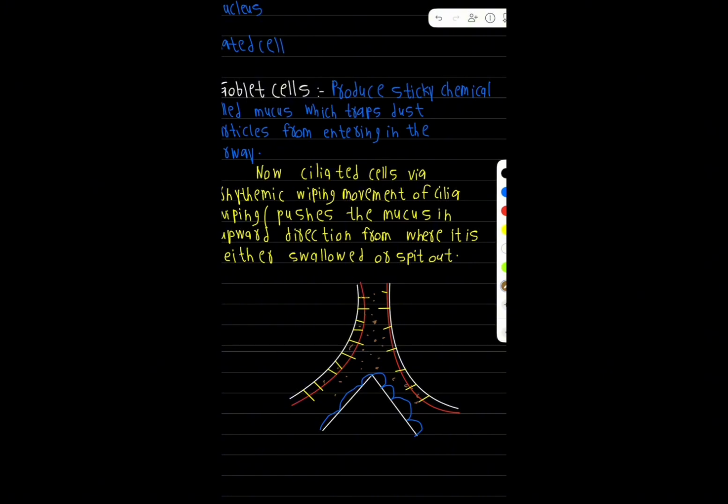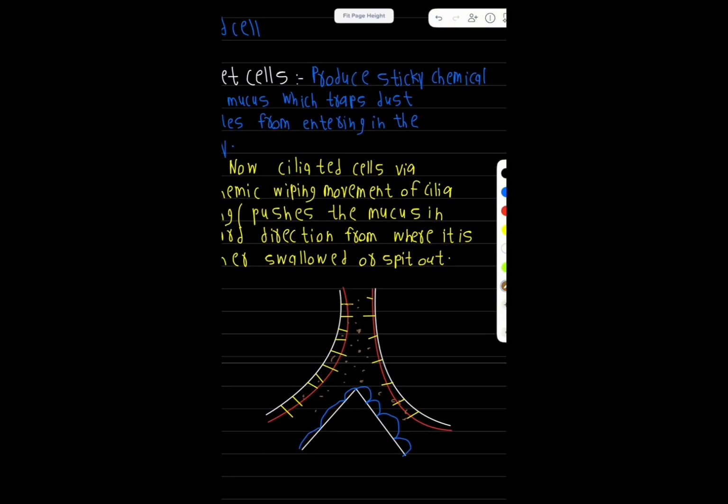What is going to happen is the goblet cells are going to produce the mucus, and the mucus is going to trap all of these dust particles or the smoke particles, whatever you say they are, or the carbon dust. Then the cilia, these yellow brush borders, are going to either let you swallow this or spit out. Sometimes you spit out the mucus, or sometimes you swallow it. That's how it is. Here the first structure comes to an end.